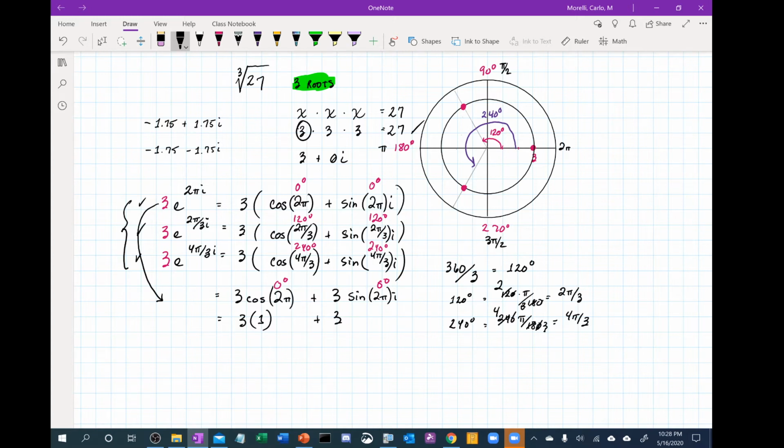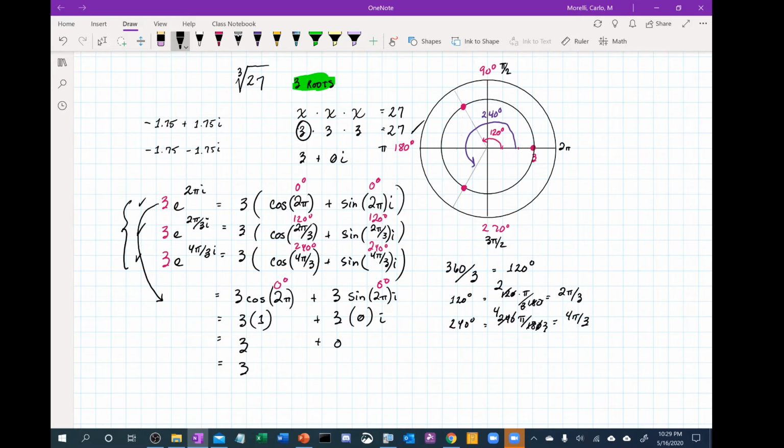The sine of 0 degrees is 0, because the height of the triangle at the 2 pi marker, at 0 degrees, is 0. There is no triangle. And so i times 0 is 0. So you see that first solution, that's why it's 3, because everything else is 0. 3 times 1 is 3, plus 0 just equals 3.